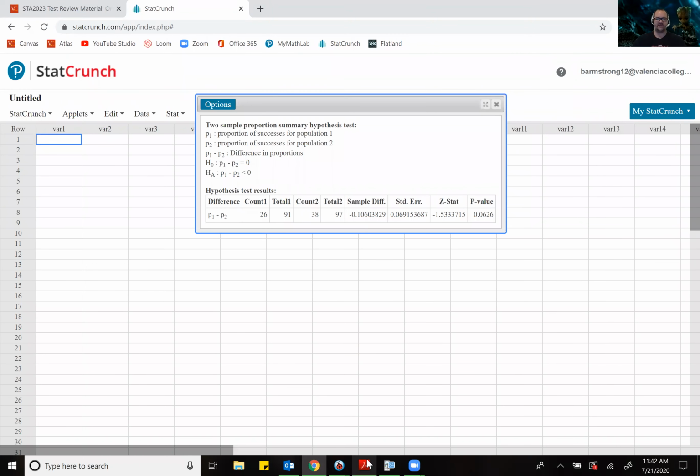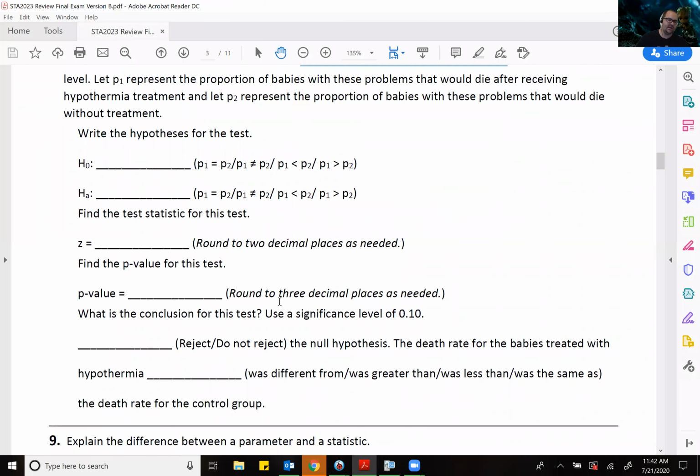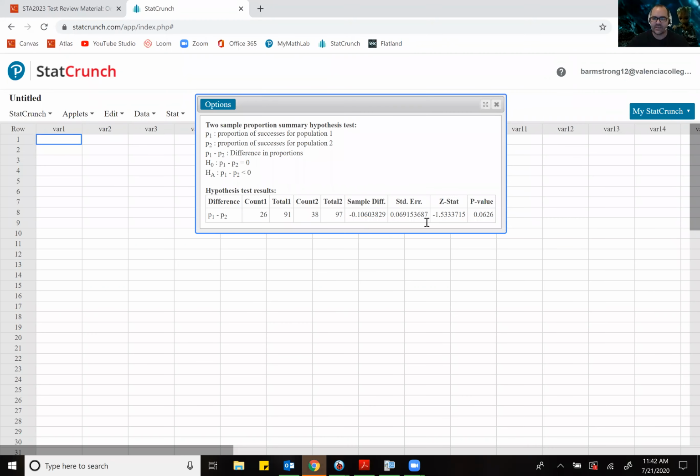So when we go back to this, it says, give me the Z statistic with 2 decimal places. So Z is equal to, 2 decimal places would be negative 1.53.